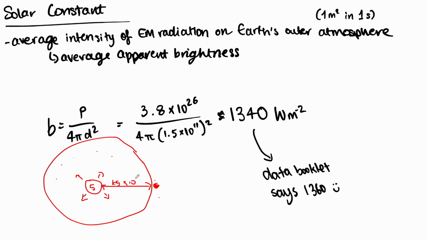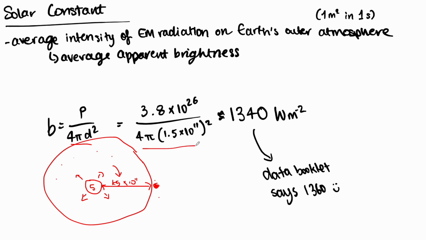So I'm going to then take the equation for apparent brightness here, which is power over 4 pi d squared. We can see here 4 pi d squared is the same as the equation of surface area of a sphere, if we think that d is the radius. In this case, d, as we've said, is 1.5 times 10 to the 11, so that's what I've put in here on the bottom.